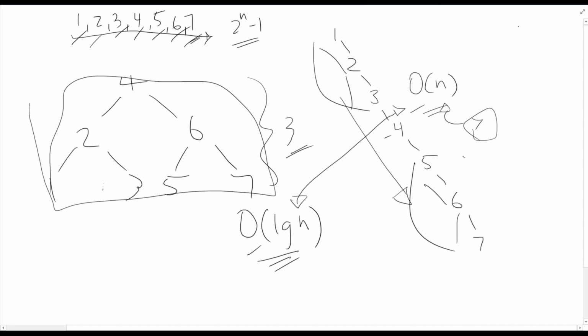Here's sort of another weird case. Let's see if I can do this right. So we could do 1, and then 3, and then 2, and then, oh, I guess that one doesn't work.